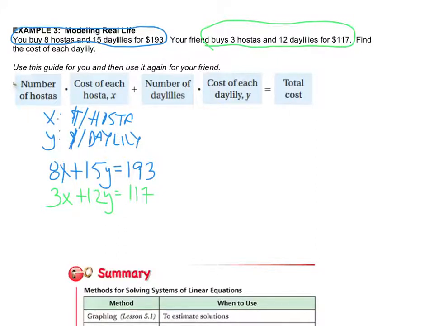Now, if we're assuming that we are at the same store, which we're going to for this situation, the price of all of those should be the same. So even though we have a different total cost and a different amount of hostas and a different amount of daylilies, we should be able to use a system to come up with our answer.